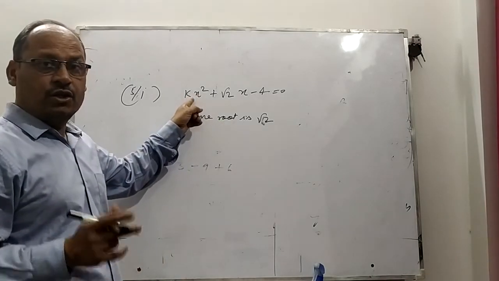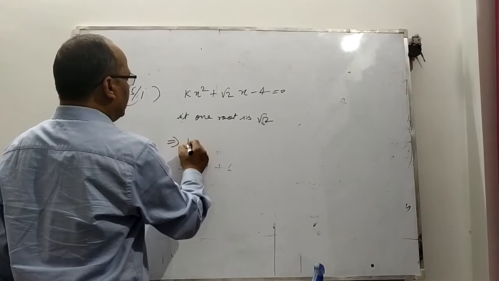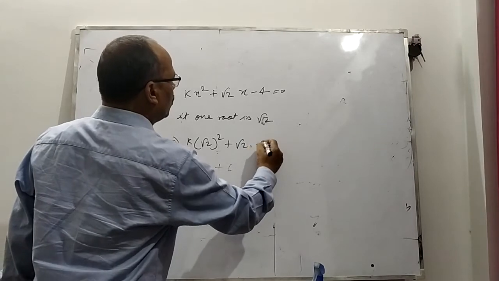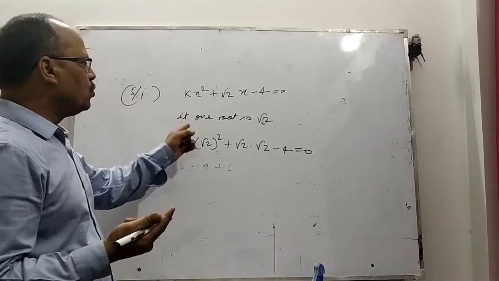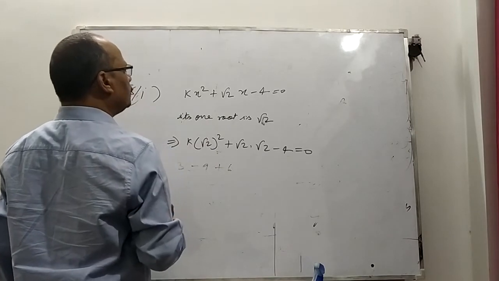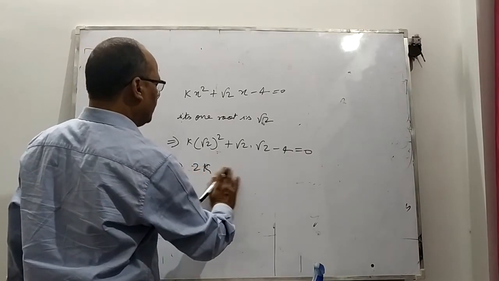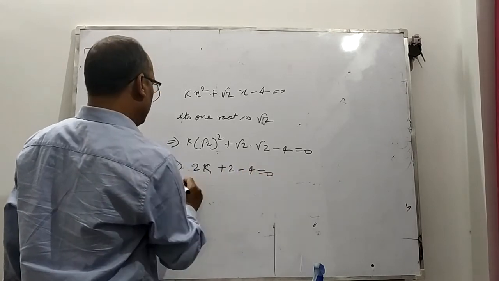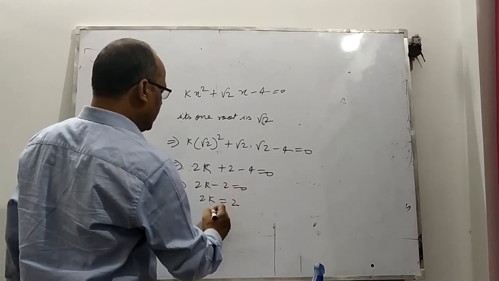How many values of x will come here? Two values will come, one value is given. So it implies that k root 2 whole square plus root 2 into root 2 minus 4 equal to 0. It will satisfy this equation because this is a root of this equation. Now it implies 2k plus 2 minus 4 equal to 0. 2k minus 2 equal to 0, 2k equal to 2, k equal to 1.